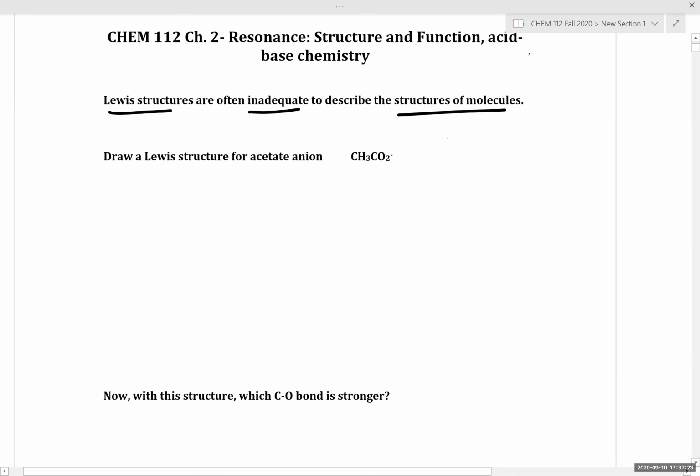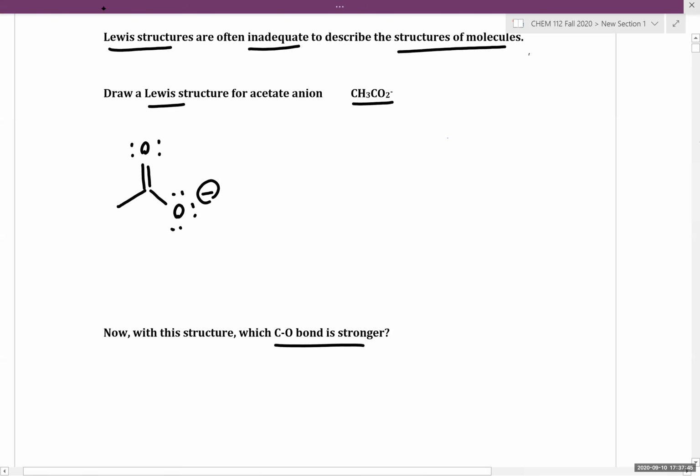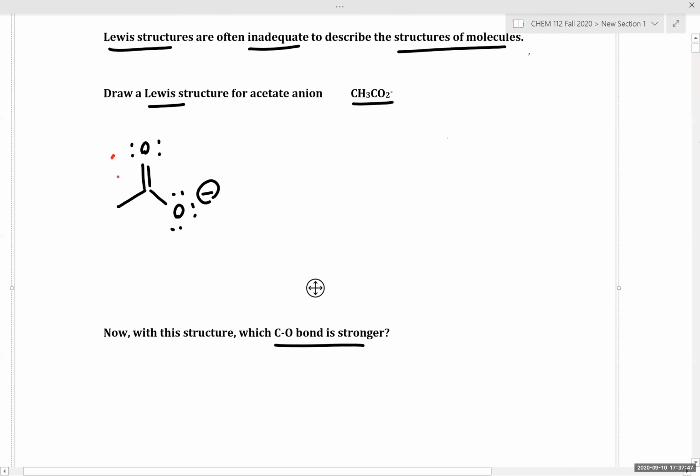So when we try to draw a Lewis structure for the acetate ion, for example, we end up with a structure that looks something like this as our first pass. Now, from this structure, we can try to answer the question, which carbon-oxygen bond is stronger? Bond number 1 or bond number 2?